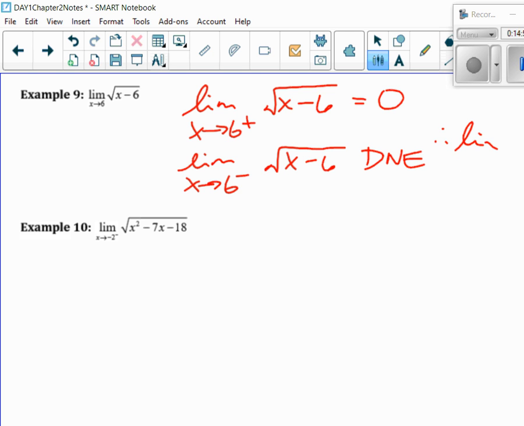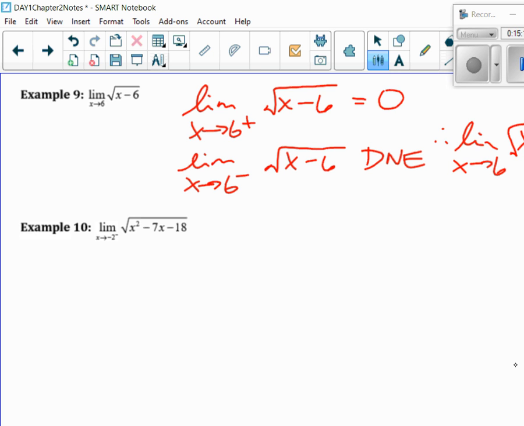Therefore, the limit as x goes to 6 of the square root of x minus 6 does not exist. I'm justifying it, right? If it's multiple choice, of course, you would pick that. A lot of the limits, they'll automatically have the D answer, does not exist, just to throw it in there.